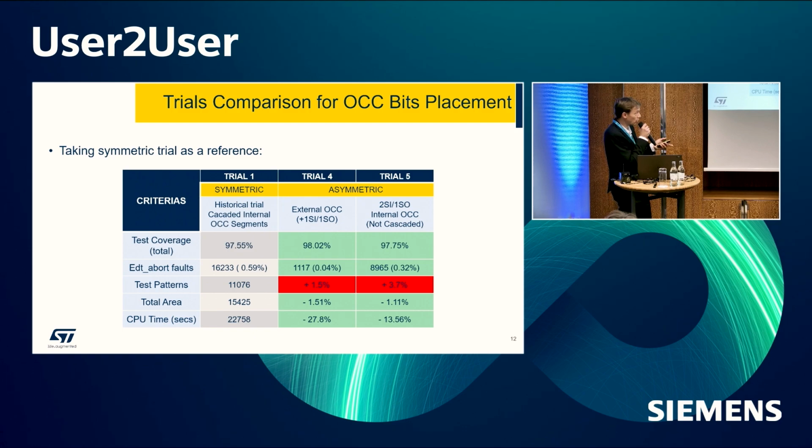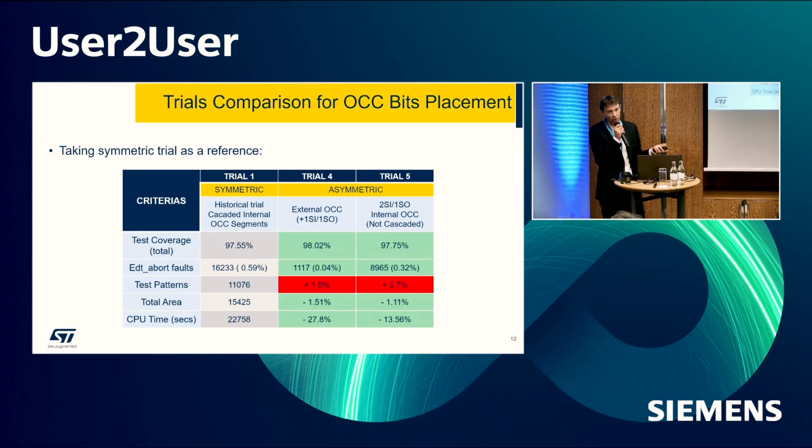Again, we use some color coding here to highlight the benefits. In those 2 configurations, we get better coverage, a little bit of pattern inversion, but better area in the end. The drawback in the case of external OCC is that we need to add 2 additional pins. So it's not applicable to all of their designs, but it's still a very interesting result because we get better coverage in the end.